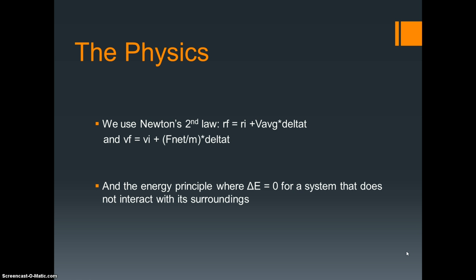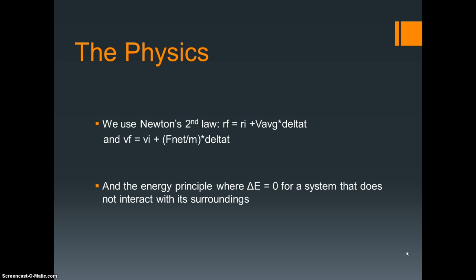So the physics, or the equations we use in this lab, were Newton's second law, where the final position equals the initial position plus average velocity times change in time, and final velocity equals initial velocity plus F net over mass times delta t.